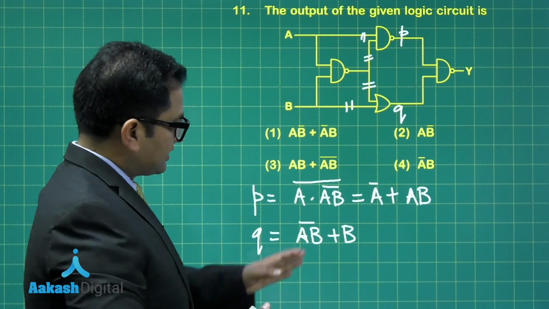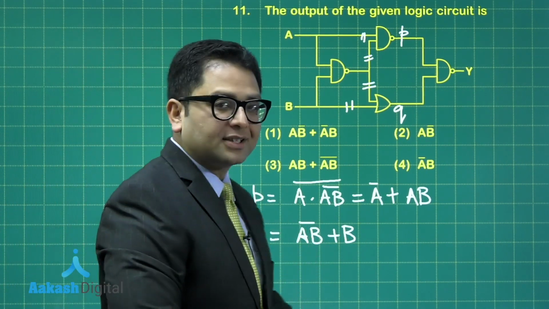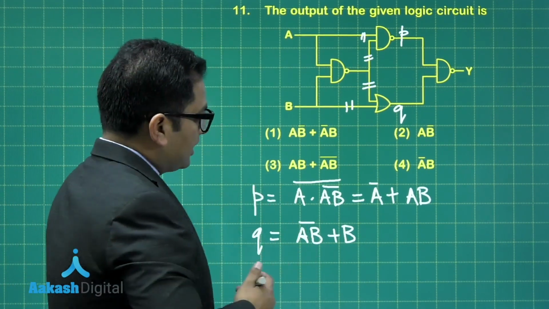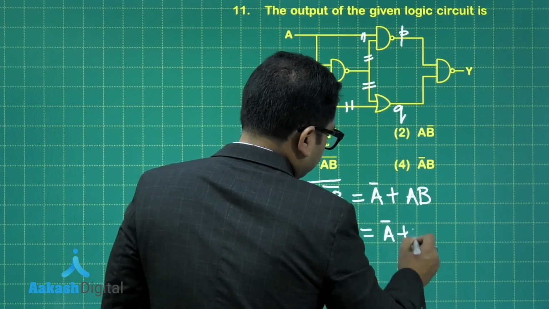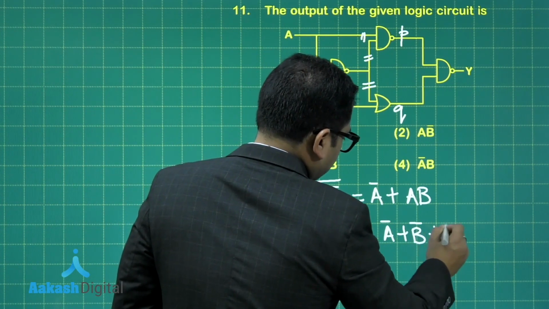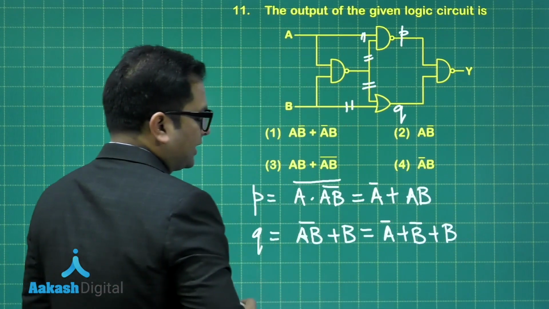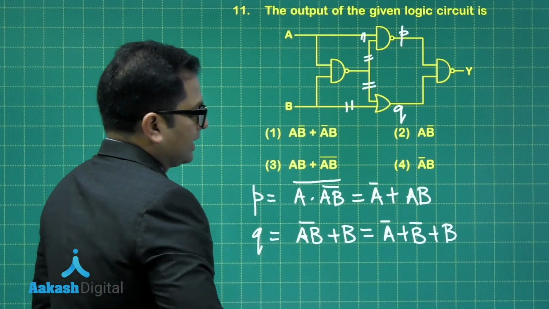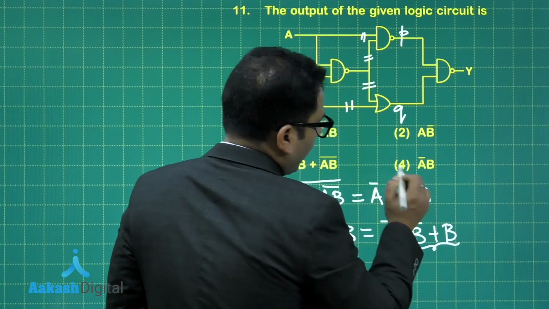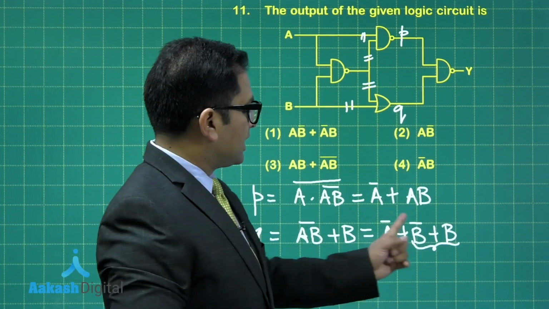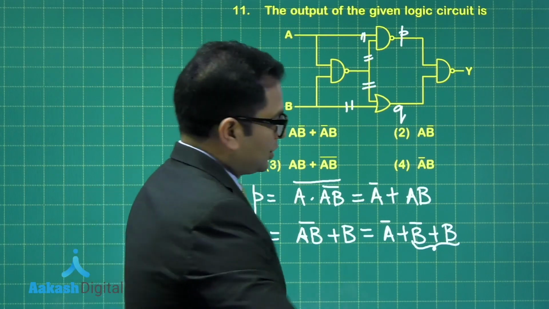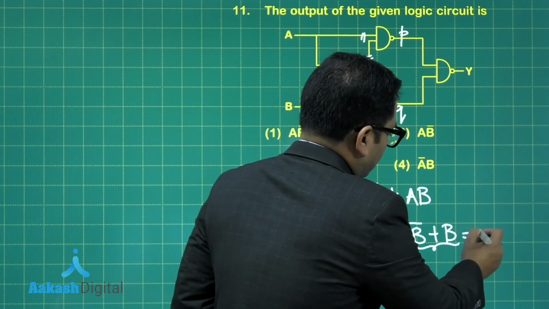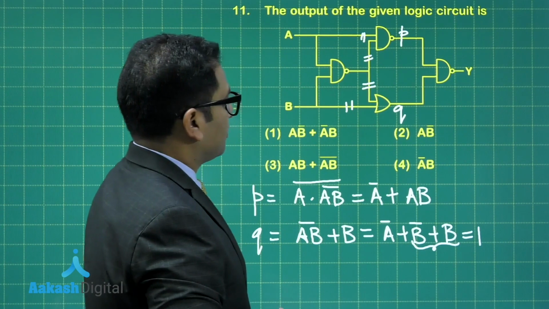In fact, it's not plus, that's an OR gate, but the symbol is plus. Now let's further manipulate it. This is A bar plus B bar plus B. Again using De Morgan's here. Now this thing is going to be 1, and 1 plus A bar again is going to be 1. So the output at Q is going to be 1.